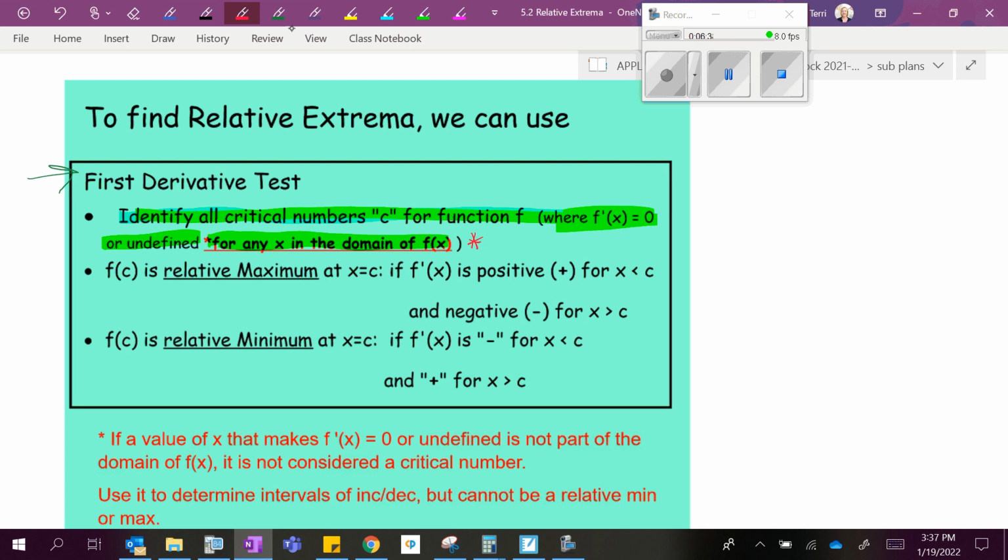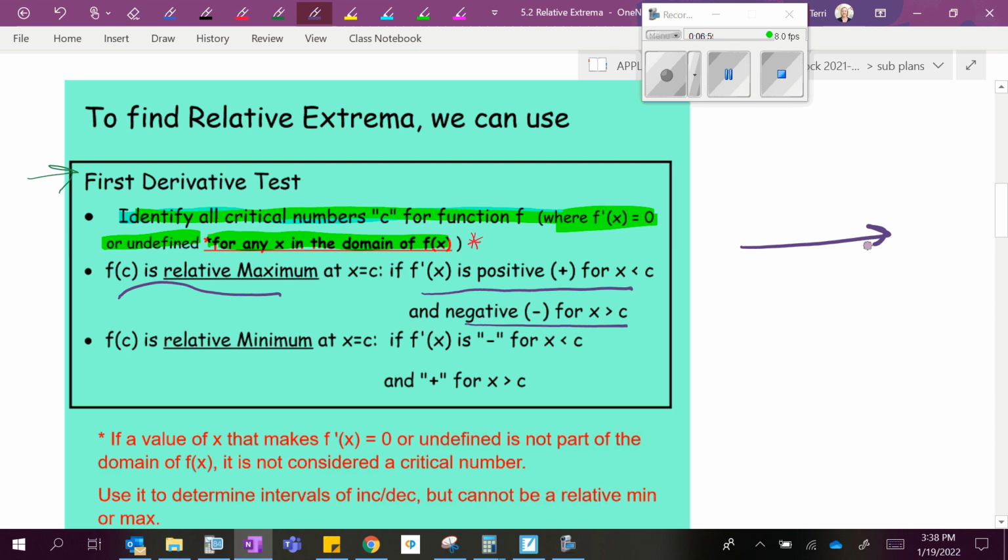Then we can say that a critical number is a relative max if the derivative is positive for the numbers less than that c, and negative for the values greater than c.